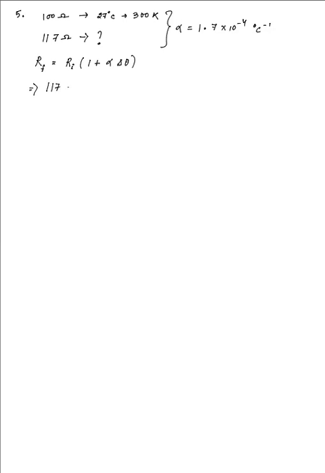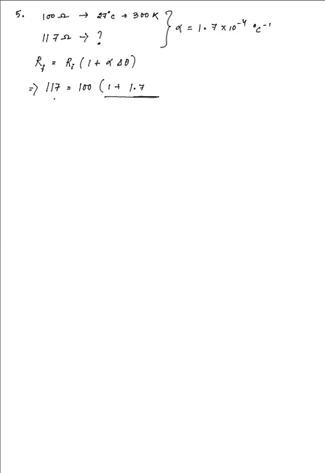This is 117, the final value that is to be obtained for the final temperature, and the initial resistance was obviously 100. So this will just be equal to 1.17, because if this is 1.17, then 1.17 multiplied with 100 will give me 117. So I know this value.